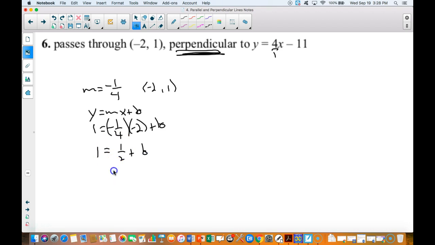So now I want to subtract this 1/2 over, and 1 minus 1/2 is just 1/2. So then I have my b, I have my m. The equation of my line then will be y equals negative 1/4 x plus 1/2.